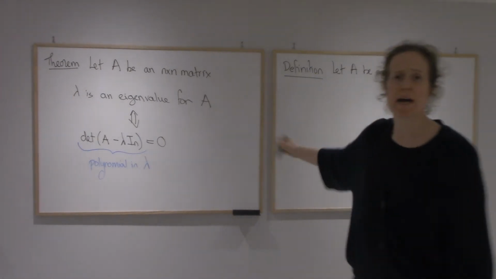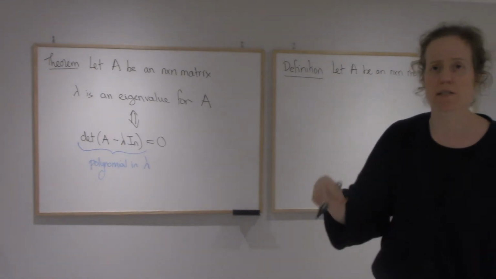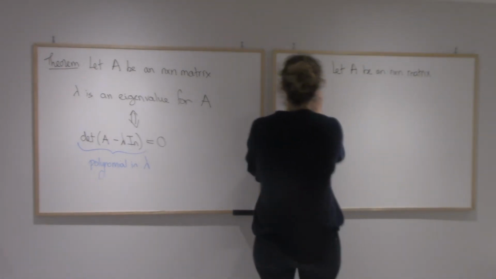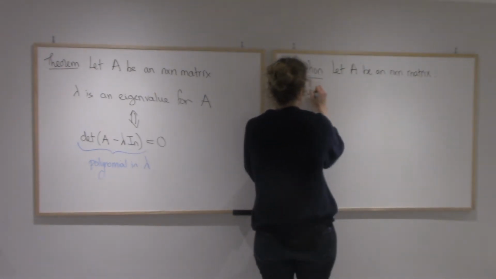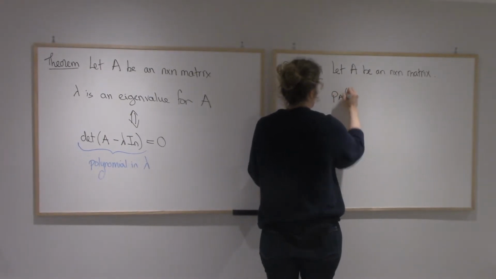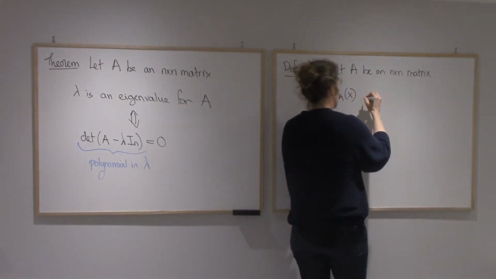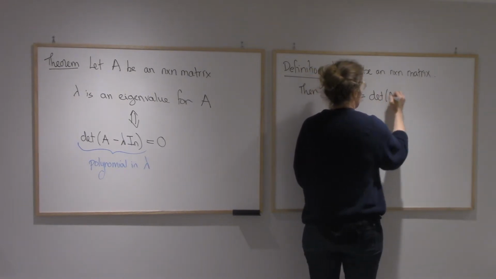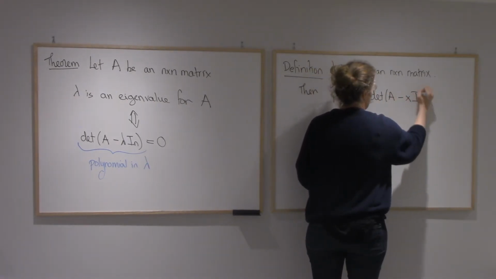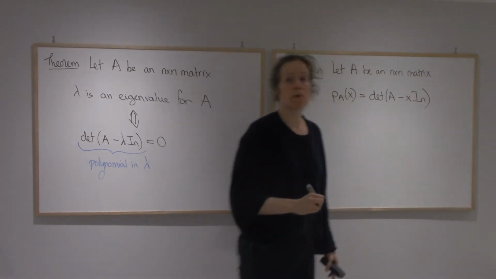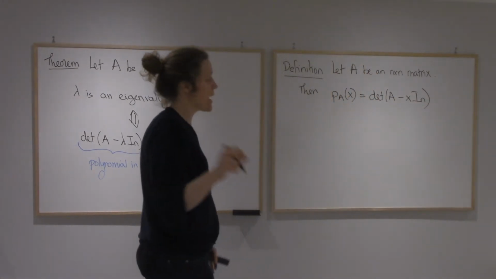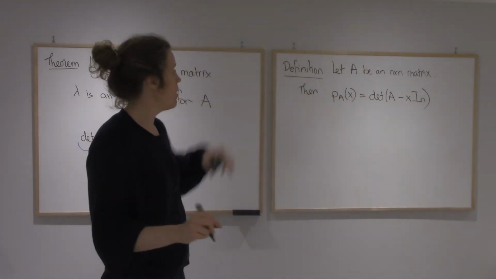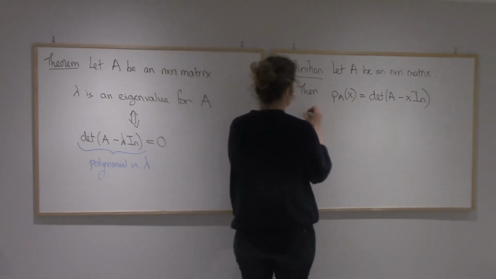Let me use an x just because we're used to having x inside a polynomial. Alright, so the determinant of A minus xI_n, that's going to be called the characteristic polynomial.